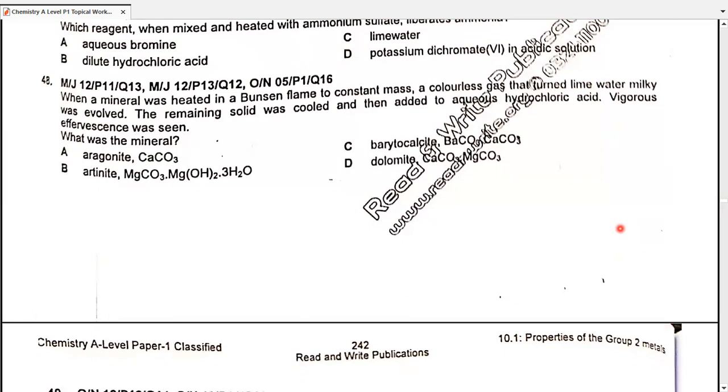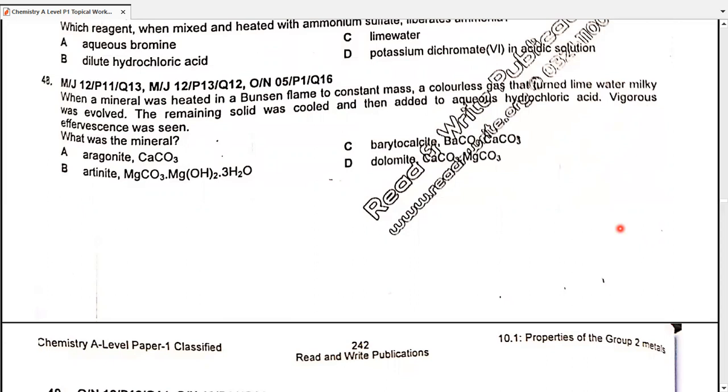How are we supposed to figure this out? A colorless gas that turned lime water milky. Which gas turns lime water milky? Carbon dioxide? Oh, that's too easy. Yeah, carbon dioxide. Okay, let's move on.